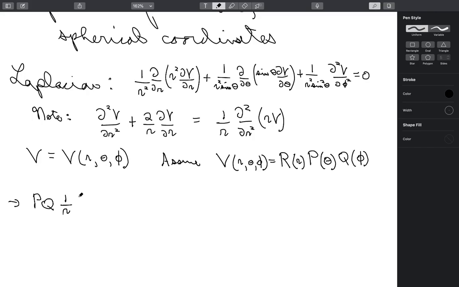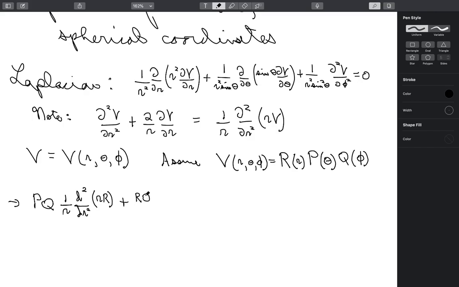And notice I'm shifting to total derivatives, because now there's no other dependency here. The R only depends on little r, so I can switch to total derivatives.